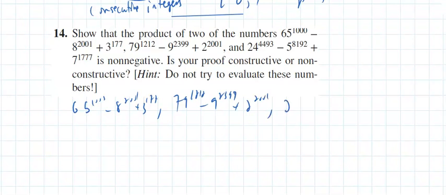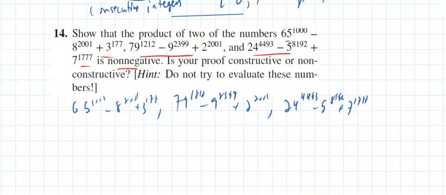And the third number. So it says, show that the product of any two of these numbers is non-negative.